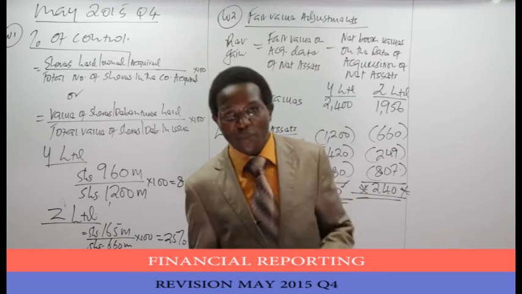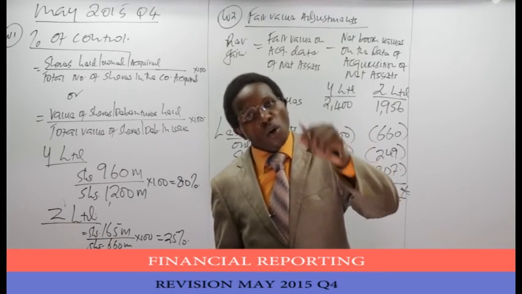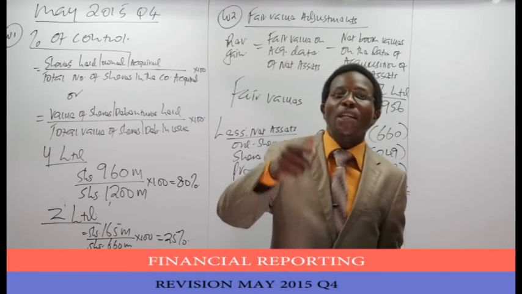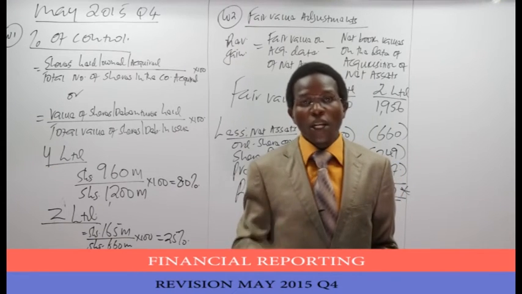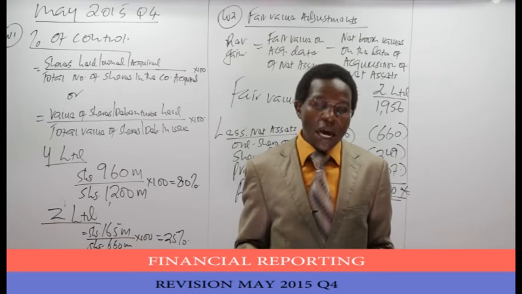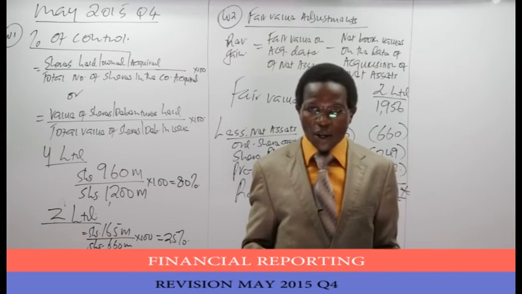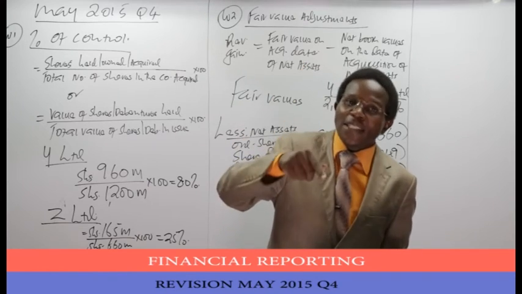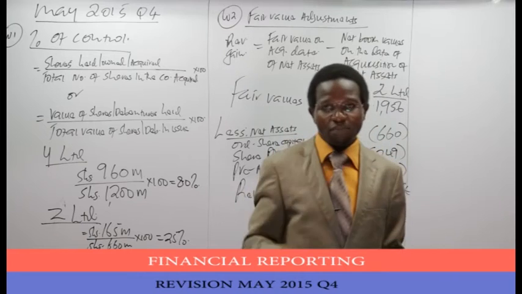Now, listen to me. In our group income statement, our cost of sales will be affected by the depreciation charge for the year, meaning we increase our cost of sales. Secondly, our computation of profit attributable to NCI will be affected by this depreciation charge.